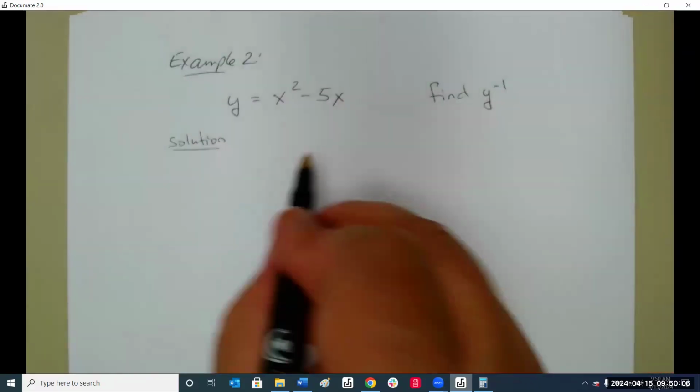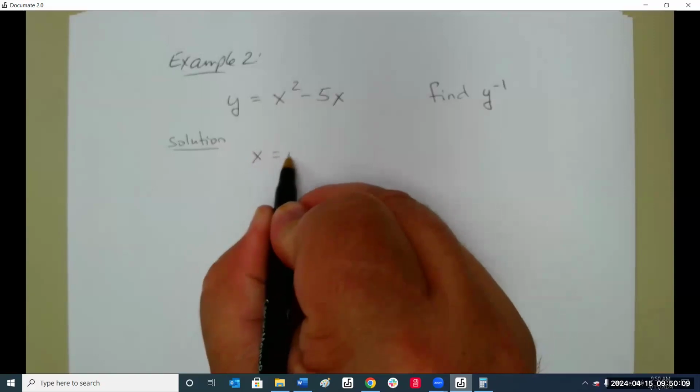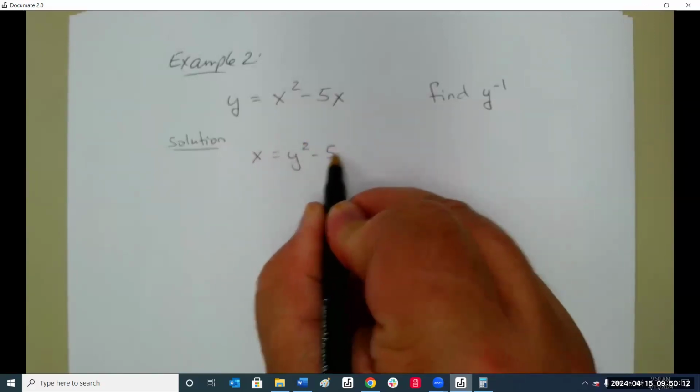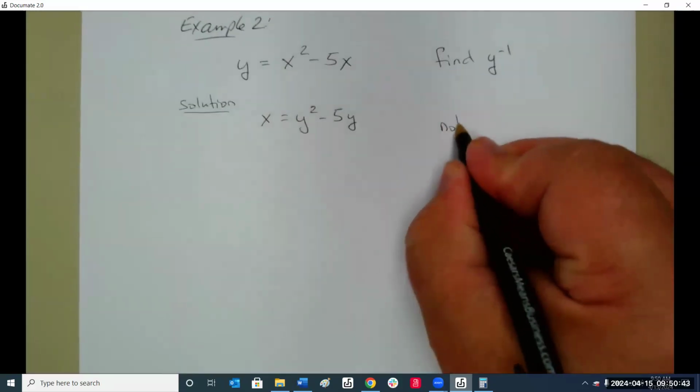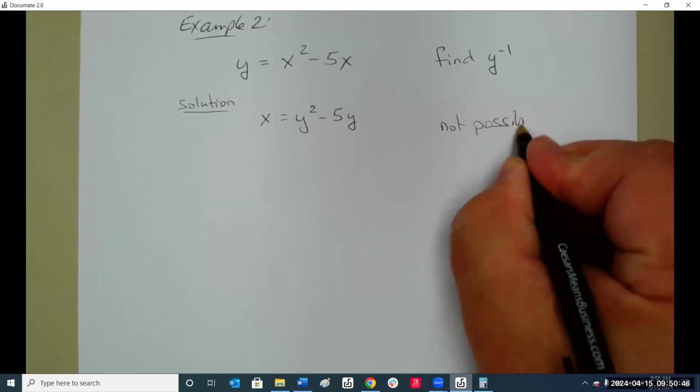Since I'm looking for the inverse, I got to switch X and Y. Now I got to solve for Y. Is it possible? Not possible.